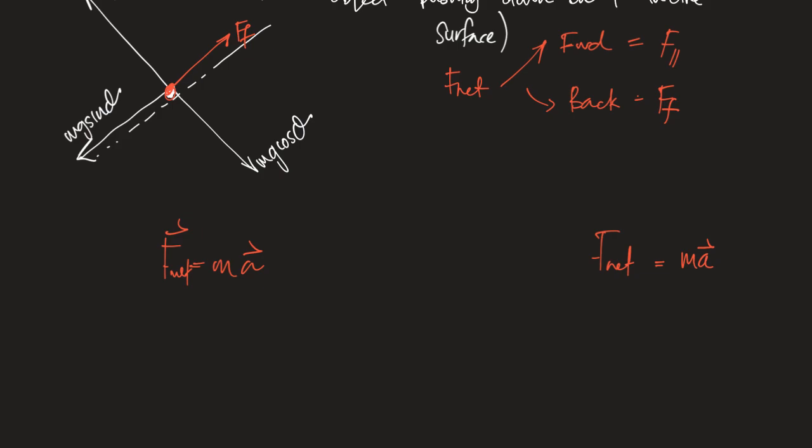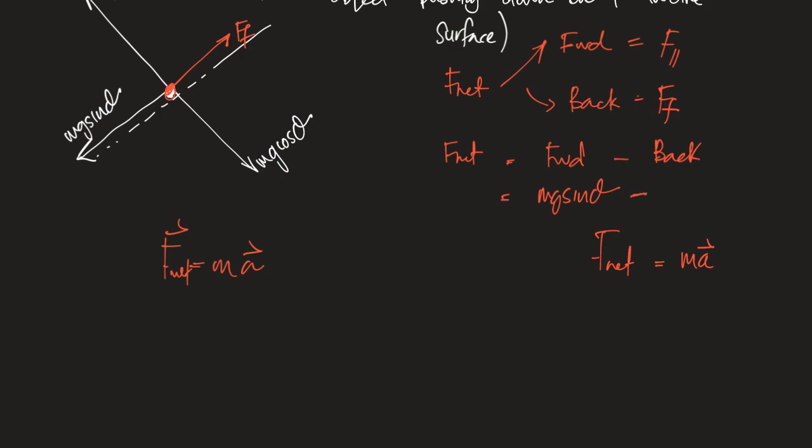All right. So in terms of F net, I can say my forward force minus my backward force. My forward force is mg sine theta, and my backward force is the force of friction.